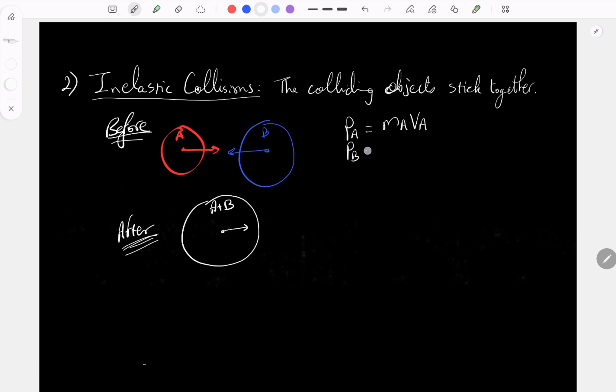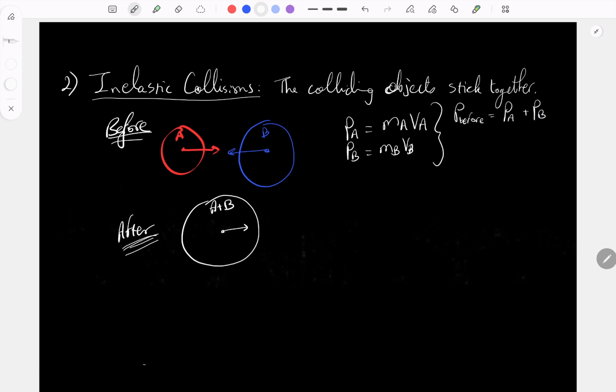Similarly, the momentum of object B is the mass of object B multiplied by the velocity of object B. So the sum of these momenta would simply be P before equals PA plus PB.